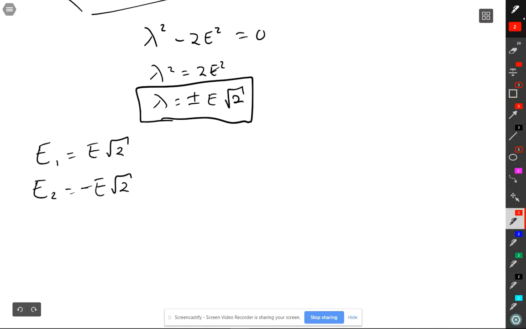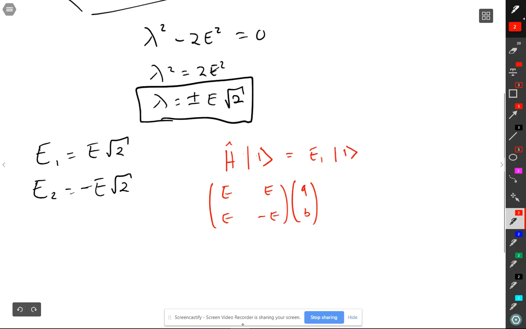So I'm going to take my Hamiltonian matrix, multiply it by some unknown state 1, which equals E1 times state 1. Or in other words, E, E, E, minus E times AB equals E root 2 times AB.